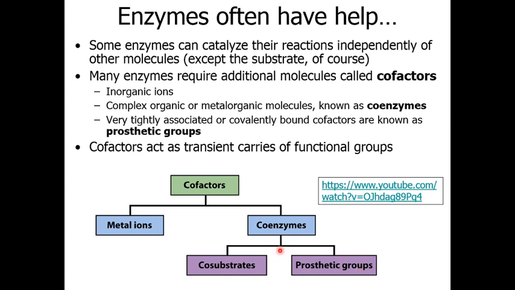Myoglobin and hemoglobin had a cofactor. It is the heme molecule. Now, the heme molecule is attached to the protein hemoglobin and myoglobin. The heme, or a porphyrin ring, is an example of a cofactor.